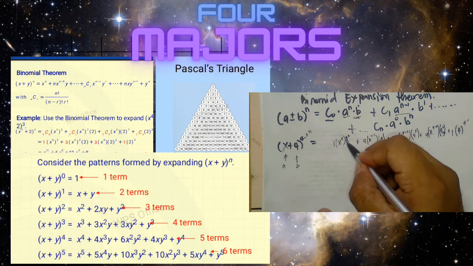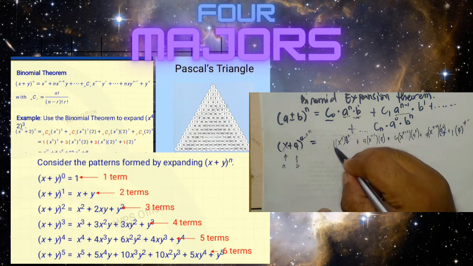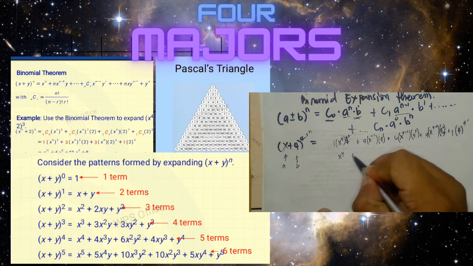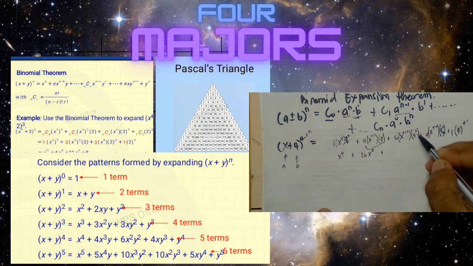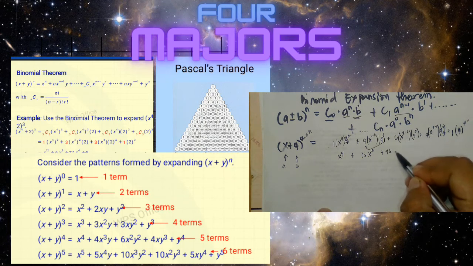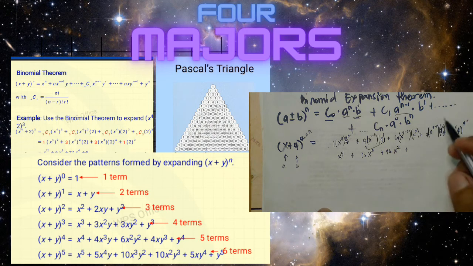So this is 4 to the 0 is 1, times 1 is 1, times x to the 4 is x to the 4, plus this one, that is 16, x 4 minus 1 raised to the power of 3, plus 4 times 4 is 16, times 6 is 96, x squared, plus 4 to the power of 3 is 4 times 4 times 4.